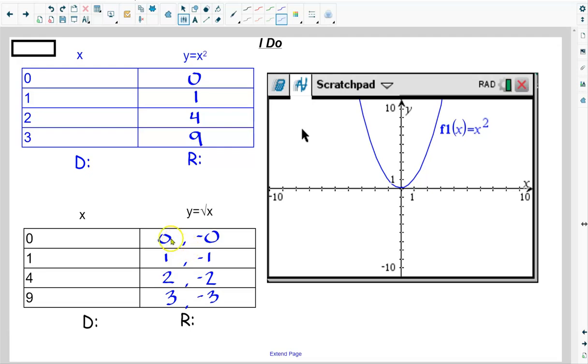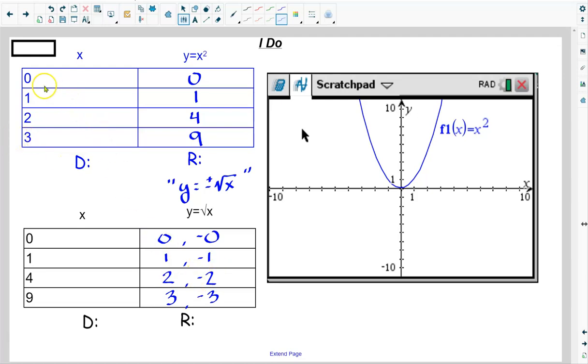So that's why a lot of times, when you try and take the inverse, you're going to see that the answer is y equals plus or minus. You'll come back to this information and understand that it makes sense. It's going to take some time to think about it, but at least you won't be completely lost.